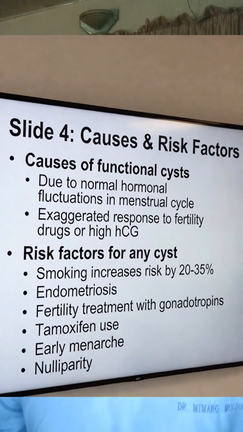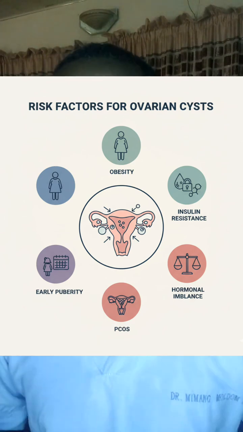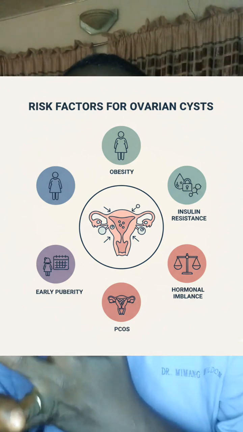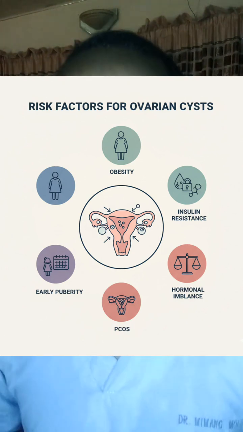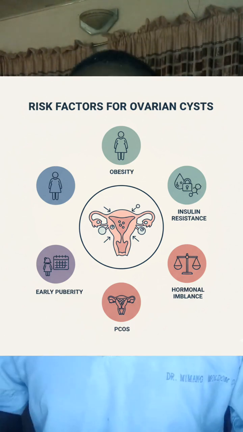If you have never given birth to a child, you can also have a higher risk of having an ovarian cyst. If you had started seeing your menstruation early, all these things expose you to the work of these reproductive hormones, especially estrogen. You are at higher risk of having an ovarian cyst.